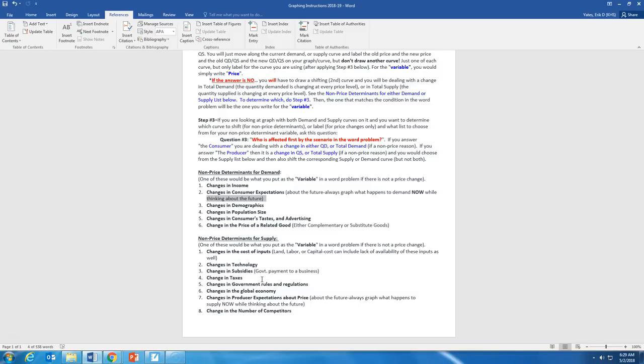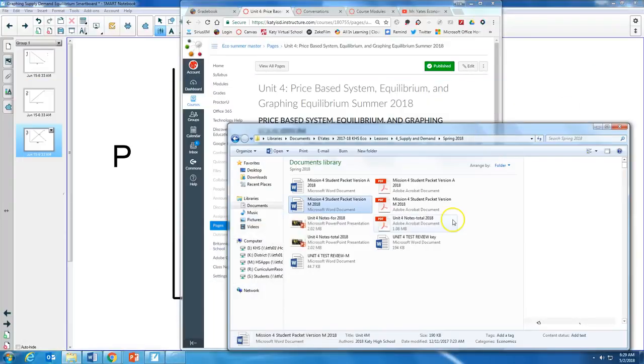Are we dealing with a change in QD, quantity demanded, or QS, quantity supplied? And once we know that, then we can go back to get the variable. We'll graph it, and then we'll look to equilibrium and find out what would price do following the changes that we just graphed. And we'll look to equilibrium to kind of give us a clue on that. So make sure that you're following the steps, and let's work a couple of the problems.